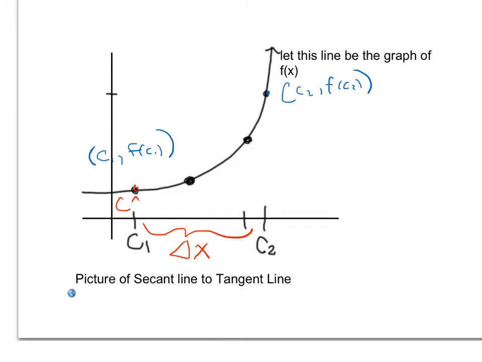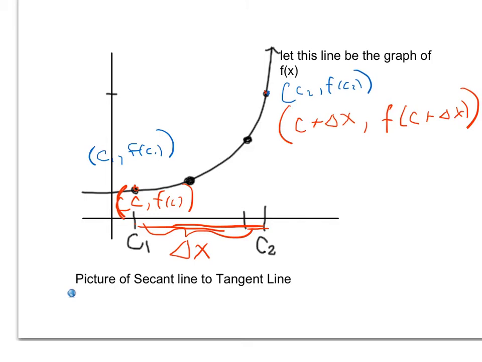I'm going to call this point C, and therefore the y value is f of C. I'm going to call this point C plus change of x, whatever this x value is, plus how much I moved, is my new x value. And therefore, my new y value is f of C plus change of x.